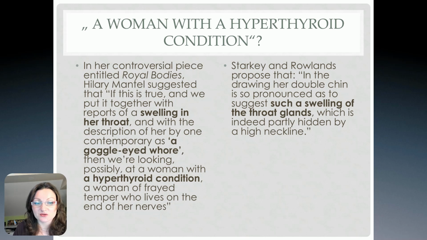Now, Stark and Rowlands, whom I mentioned before, propose that in the drawing, the double chin is so pronounced as to suggest that such a swelling, as was described in 1533, was indeed present in the throat glands, and it is indeed partly hidden by a high neckline in the sketch.